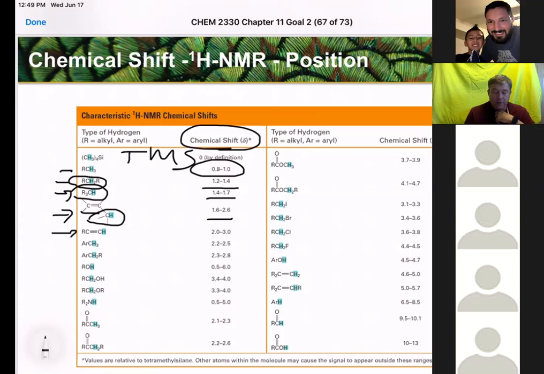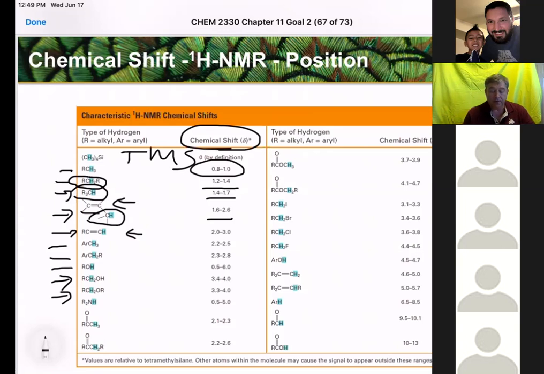Okay, so what we can see from this, and we don't have to memorize these, is that they are shifted higher and higher based on how many more electrons are nearby. Notice that we're getting higher because of a double bond. We're getting higher because of a triple bond, next to a benzene ring, next to an oxygen. Okay, the more electronegative the thing, the more electron density you have nearby, the higher and higher the number shifts.